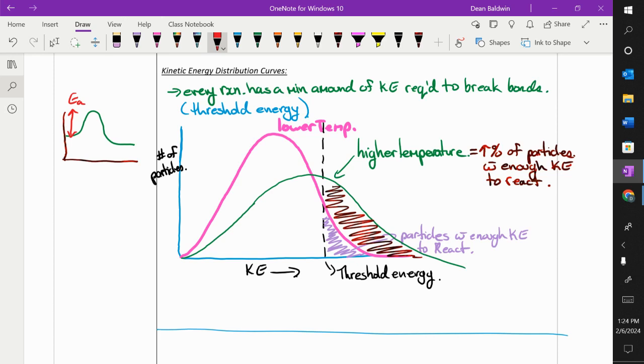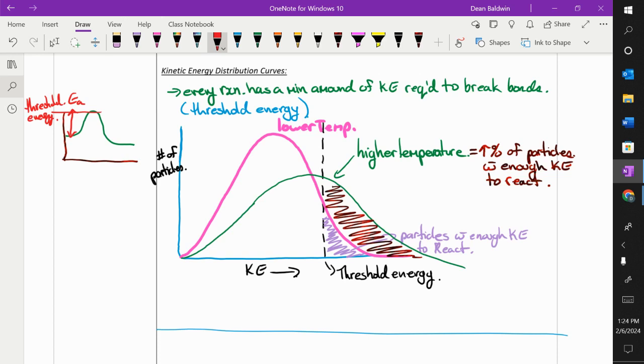What do I have to get over to break bonds? The top. That's threshold energy. Why are activation energy and threshold energy not technically the same thing? Because activation energy is the energy required to go from the average up to that threshold.